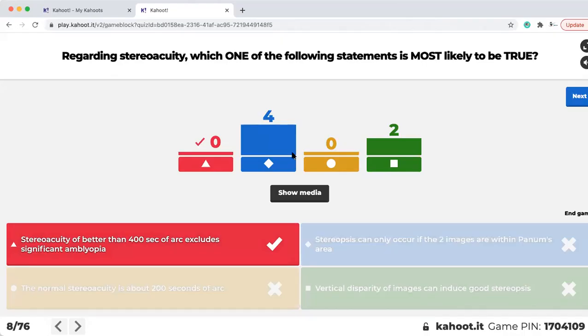Yes, exactly. And what will be the stereo acuity that shows the person is more likely to have amblyopia? Exactly, I agree. It is 250 or worse.